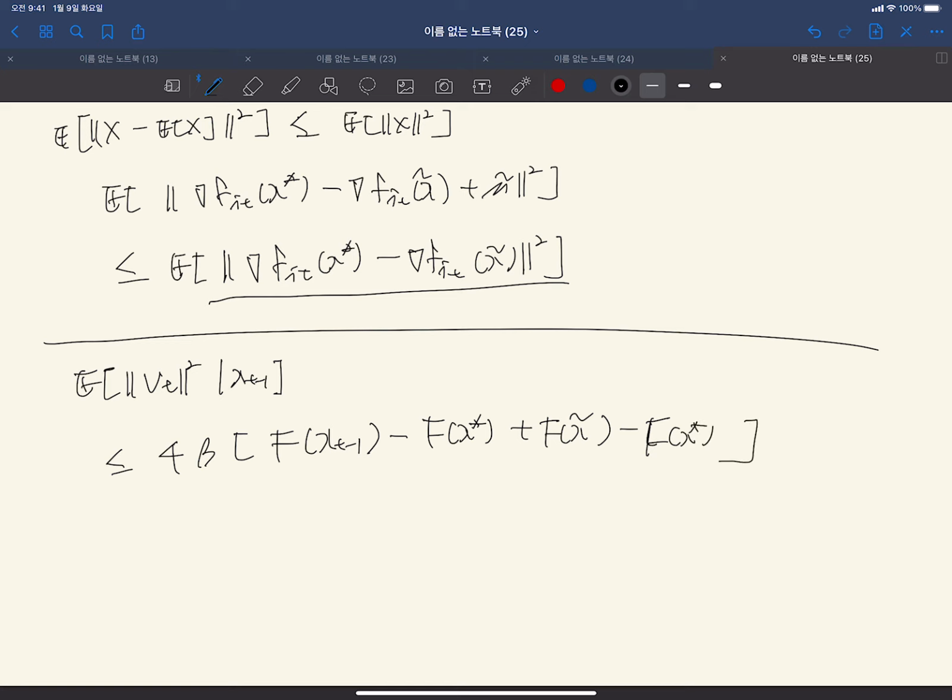This is very nice news. Why? As our point is getting close to x star, the variance of Vt, the variance of our stochastic gradient update rule, is upper bounded by almost 0, because f xt minus 1 minus f x star plus f x tilde minus f x star is very close to 0. That is what we really desired.